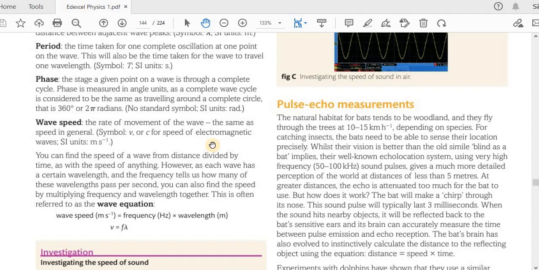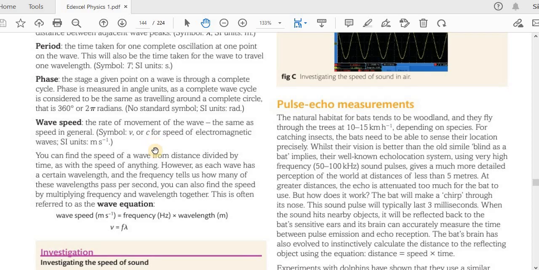Remember, the main equation was v equals f lambda. If it is electromagnetic waves, we use c instead of v: c equals f lambda.